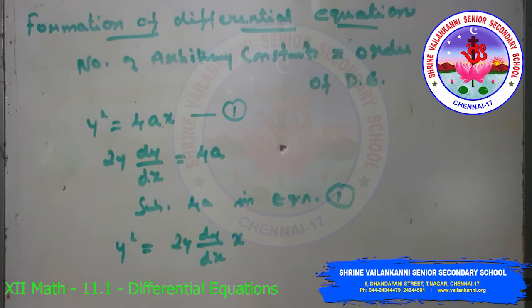To eliminate the constant a, we are substituting 4a in equation 1. Cancelling, we get y equal to 2x dy by dx. Hence equation 1 is called the primitive of equation 2. We can take this as 2.